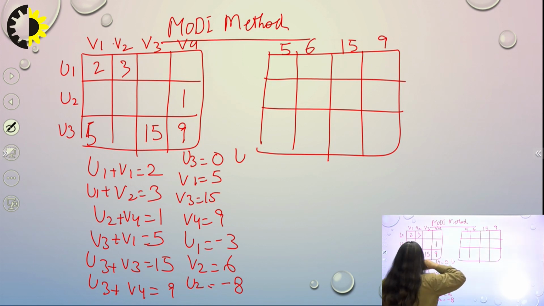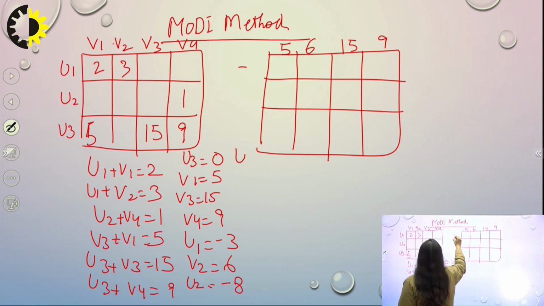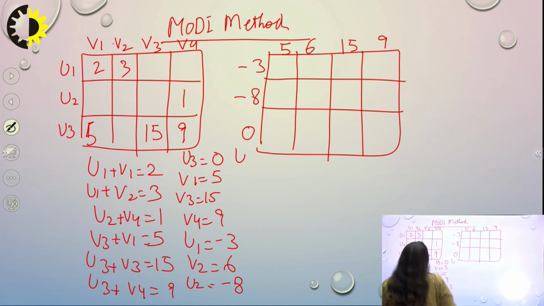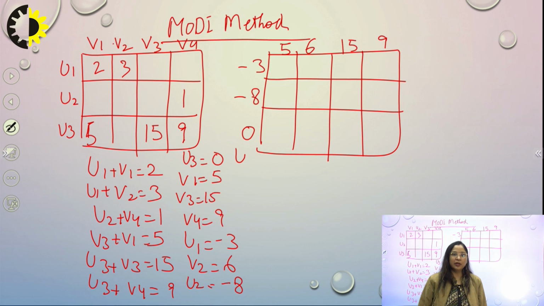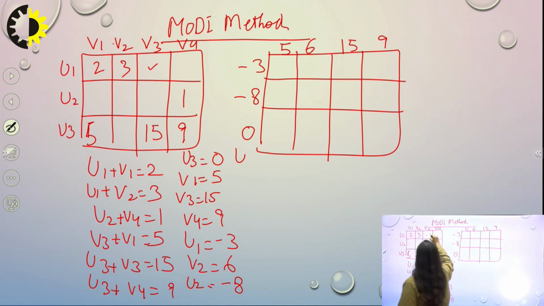U1 is minus 3, U2 is minus 8 and U3 is 0. So we have all the variables available with us. We will find out the unallocated cells, these cells.